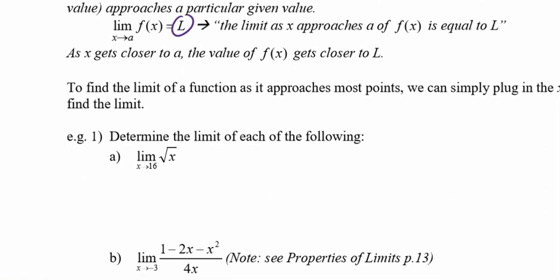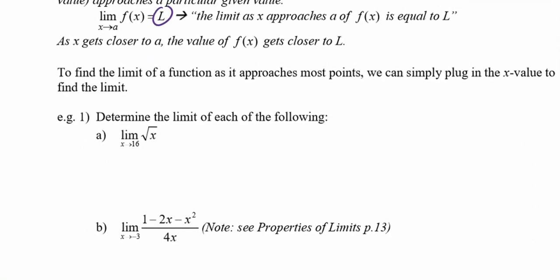All right. So to find the limit of a function as it approaches most points, you're probably thinking this anyway: why don't we just throw a number in for x and see what we get out for y? Wouldn't that be the same thing? Just put a number in and get one out for the output. That would be true in this case.